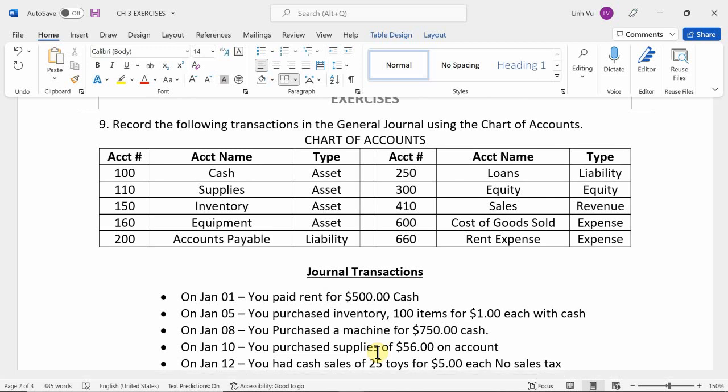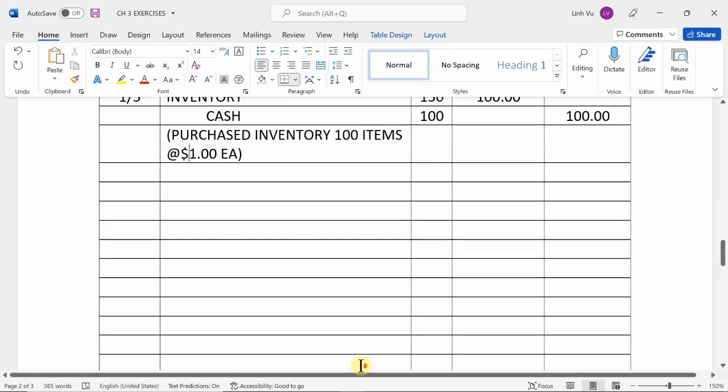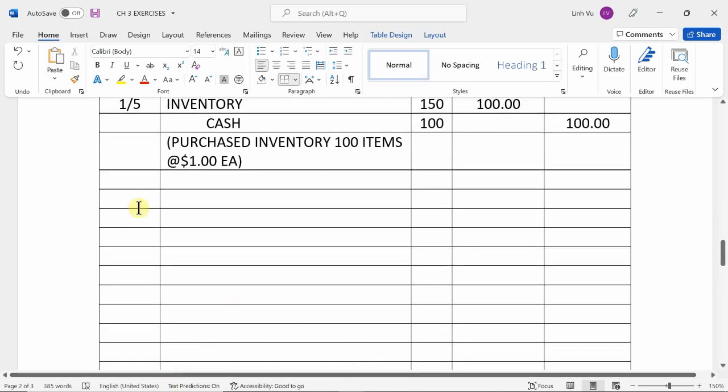Did I gain the equipment or lose it? So I would debit. What's my other account? We also used cash to pay for it, so it's another asset that decreased. We're going to decrease it using a credit. So equipment is 160 and cash is 100 for January 8th.